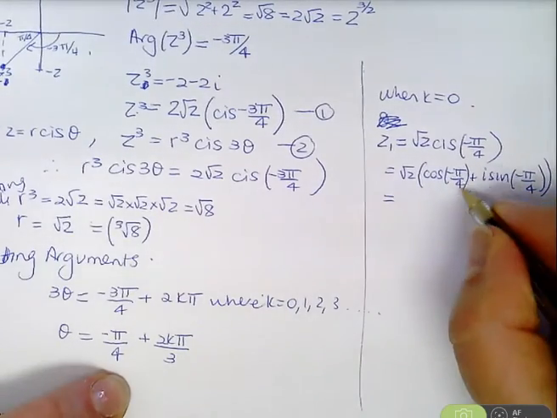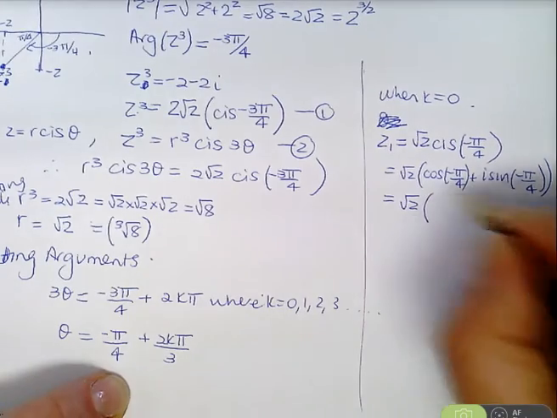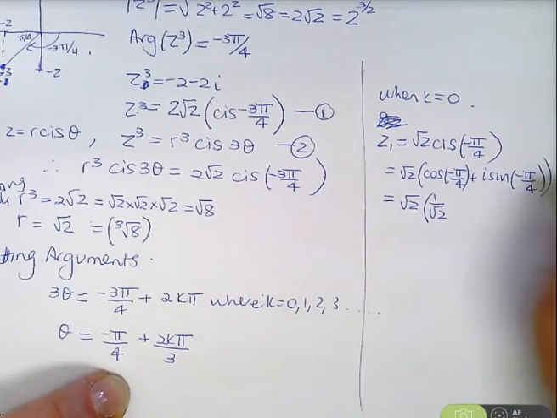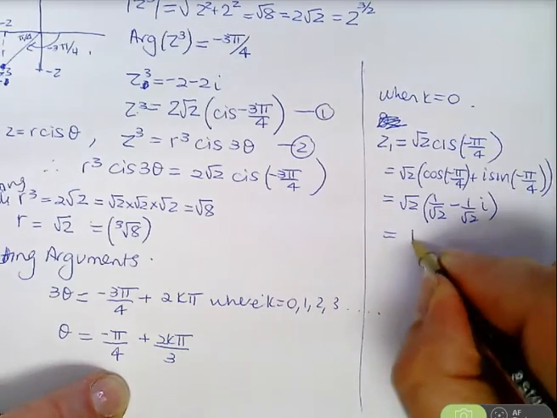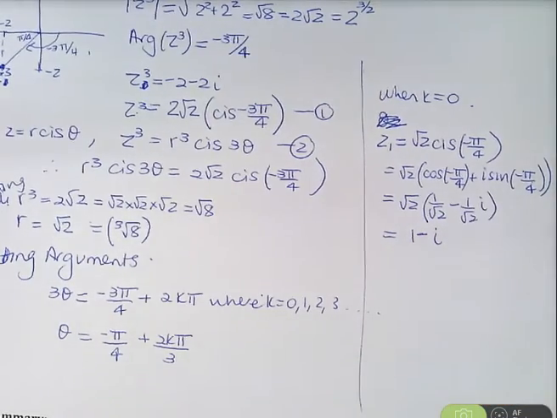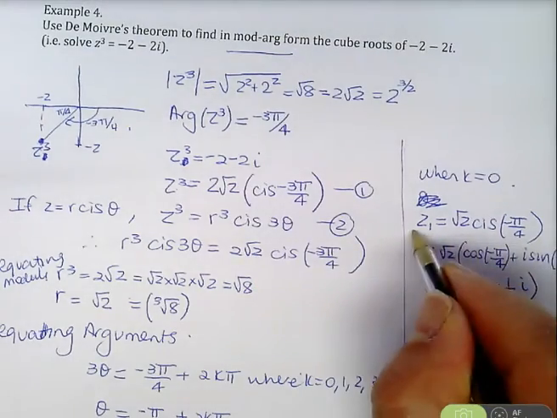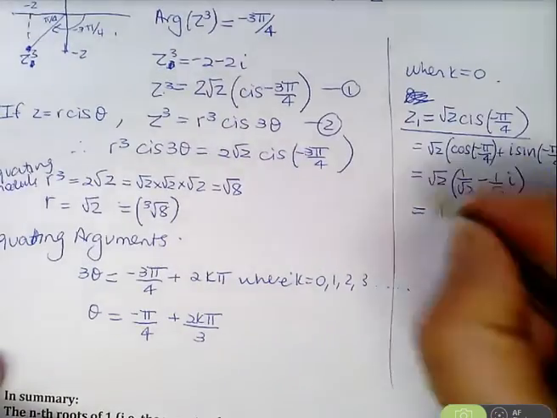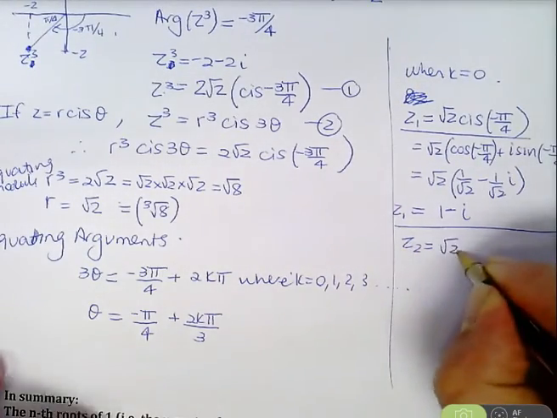Now cos of 45 in quadrant 4 is 1 on root 2, and sine of 45 is minus 1 on root 2i. Expanding those brackets, I would get 1 minus I. They just wanted the roots in mod arg form, so I could just stay there, but I've done it in Cartesian form as well, so it doesn't matter.